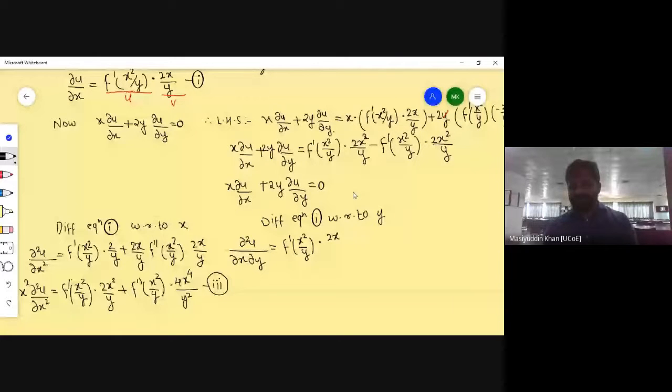We have to write as minus 1 by y square, जैसा ऊपर हमने लिखा था, plus second part as it is 2x by y, derivative of first, so it will become f double dash of x square by y into derivative of this part with respect to y, it will become x square into minus 1. So hope things are clear to everyone. सबको क्लियर हो गया है चीज.